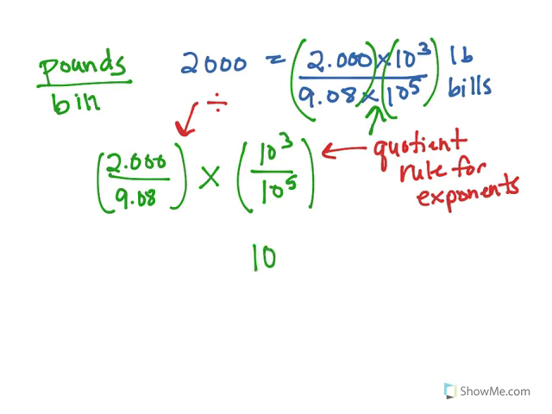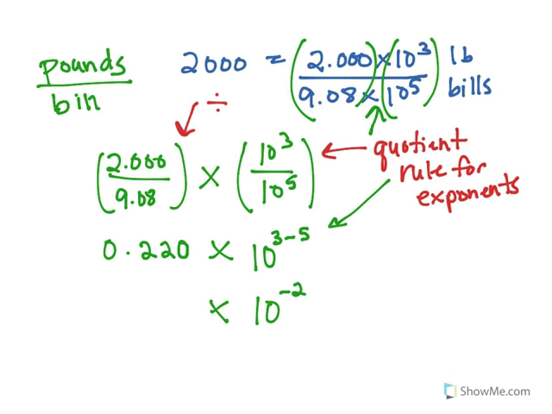So we have 10 to the power of 3 minus 5 using the quotient rule. And this simplifies to 10 to the power of negative 2. Over here we do 2 divided by 9.08, and we get 0.220. Remember, we need 3 significant digits, so we're going to leave that as 0.220.